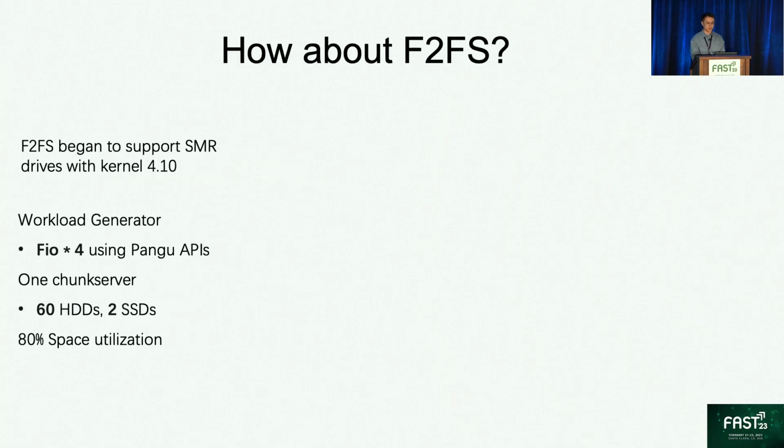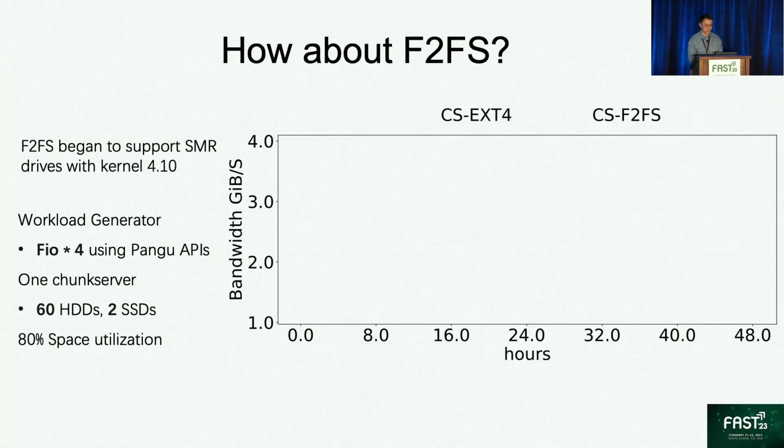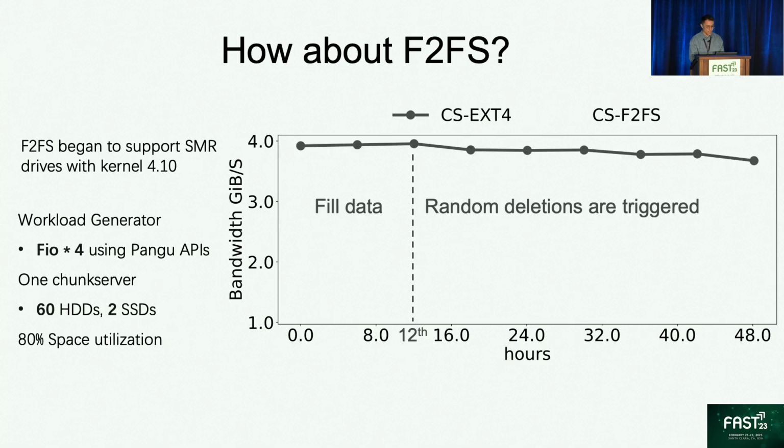The test aims to simulate OSS workloads. The x-axis is the test time in hours, and the y-axis is the write throughput of a chunk server with 60 drives. We started the test with 4 gigabytes per second write throughput and filled the drives to 80% space utilization in the first 12 hours, and then triggered random chunk deletions.